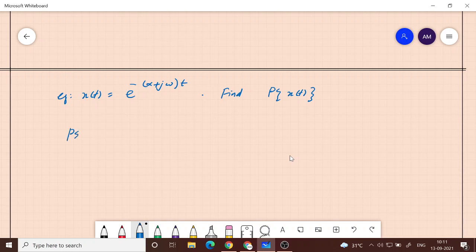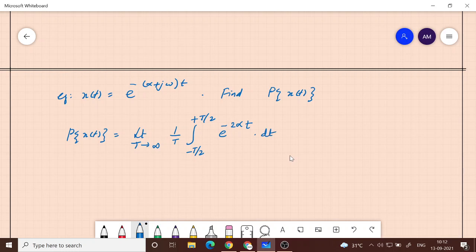So power of a signal, we apply the formula: limit t tends to infinity 1 by t integral from minus t by 2 to plus t by 2. When you take the modulus square, finally we have e raised to minus 2 alpha t dt.